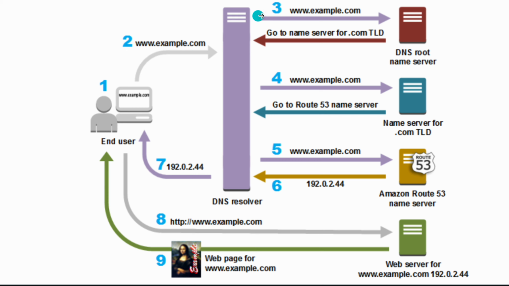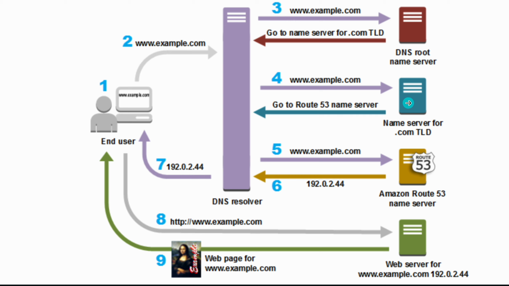Then it goes to the DNS server, and first it looks into this .com, only .com, right? Then thereafter again the IP and name is sent.